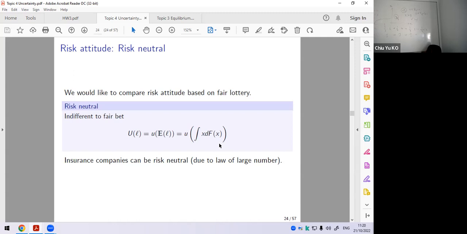Or they are doing a temporal aggregation: I may have lost this year, but next year will have a gain. So in aggregate they can be risk neutral. That's why in modeling an insurance company, you can usually assume they're risk neutral. Same with people in finance: institutional investors are more or less risk neutral.